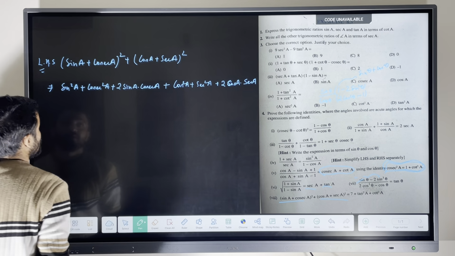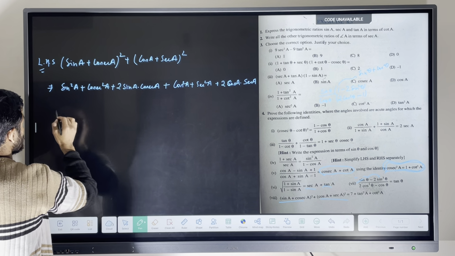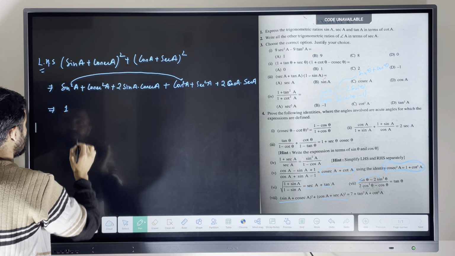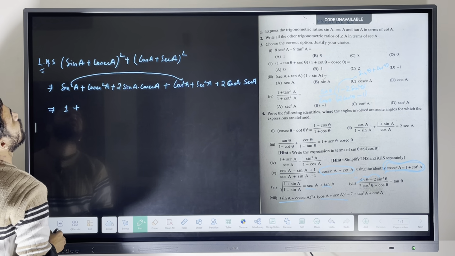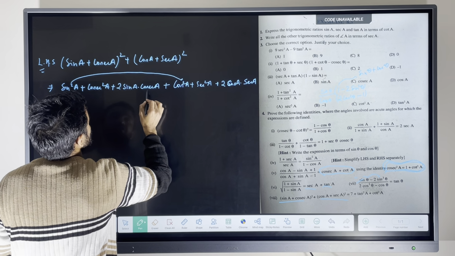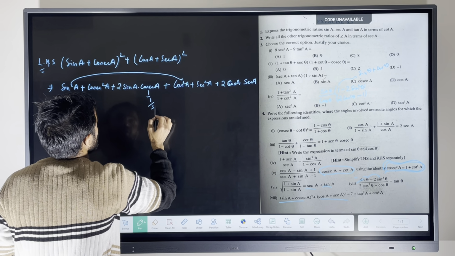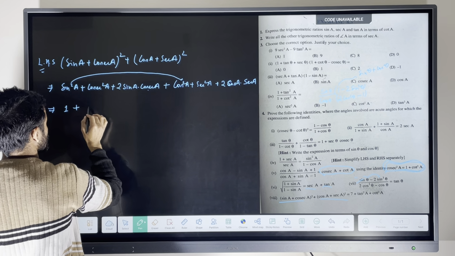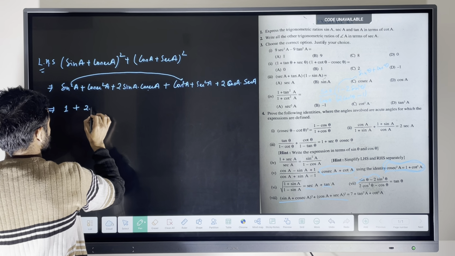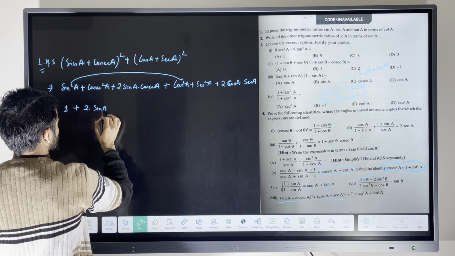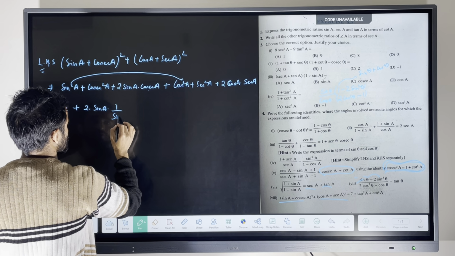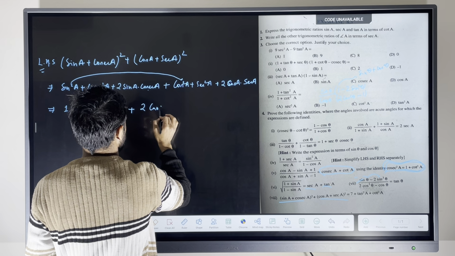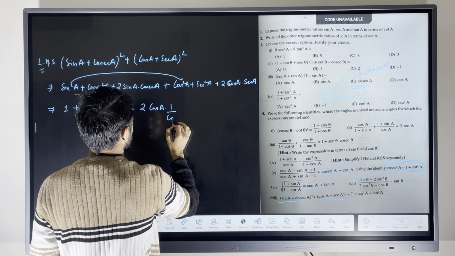Now that sin and that cos will be 1. Sin square a plus cos square a is equal to 1 plus, from here we can change it into 1 upon sin, and sin and sin will cancel out each other, so it will be 2 sin a into 1 upon sin a, plus similarly here it will be 2 cos a into 1 upon cos a.